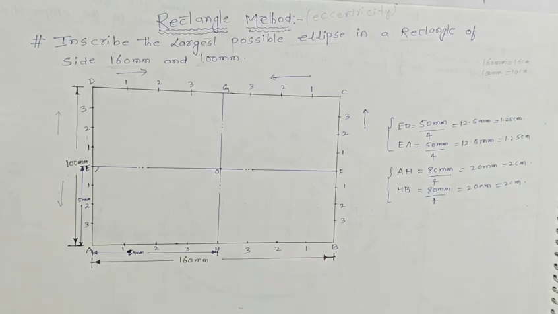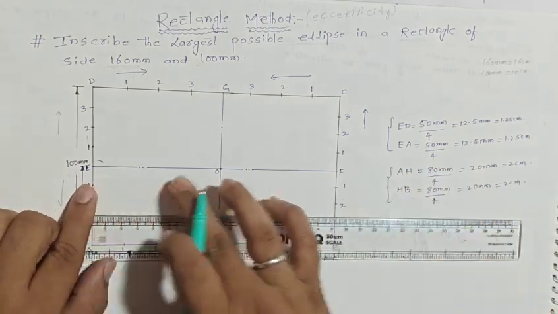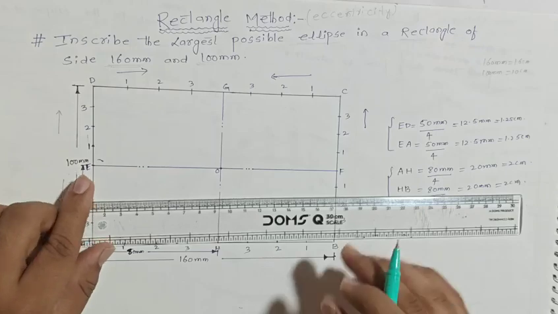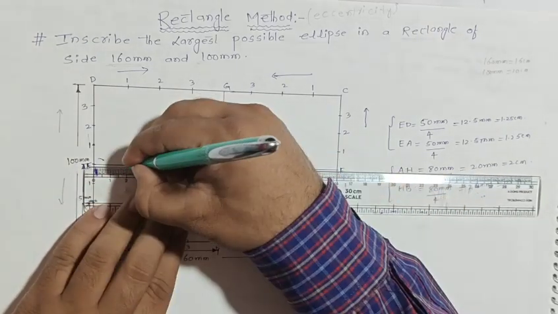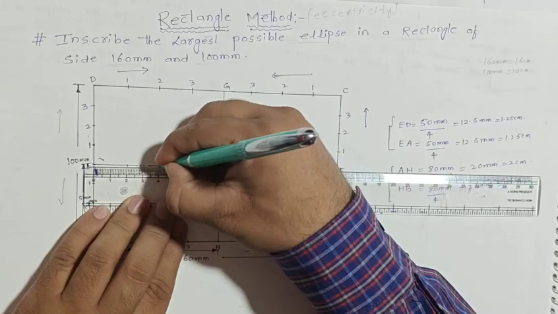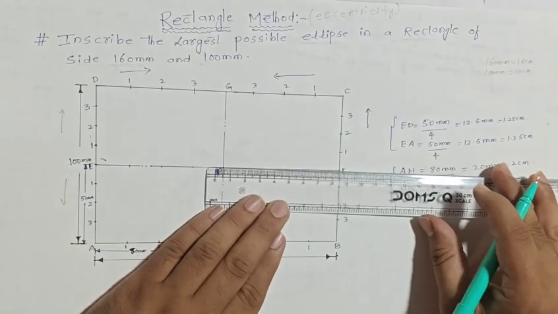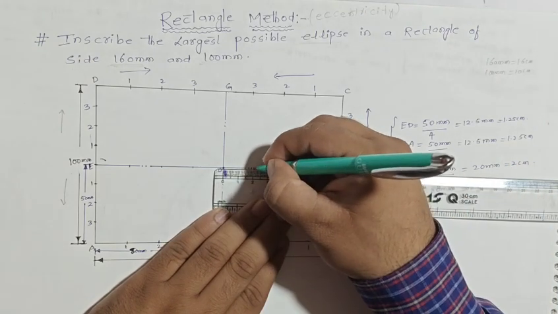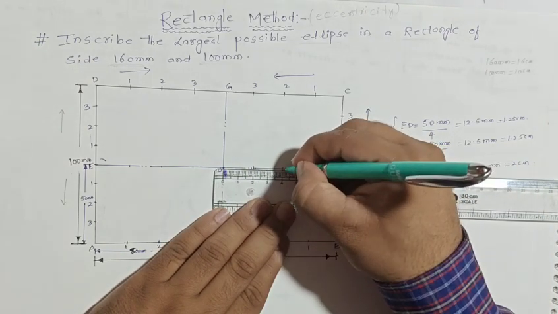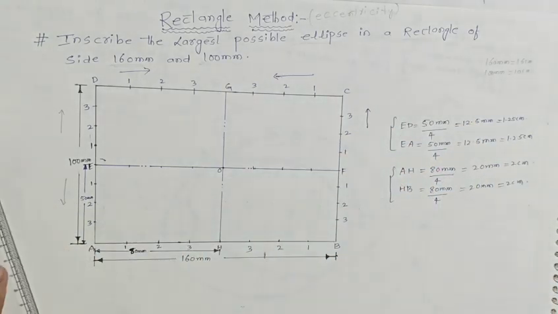So let us see. Same thing we can draw like here also. The distance from E to O, how much is there? 80 mm. Same measure the distance should be how much? 2 centimeter, 4 centimeter, 6 centimeter, 8 centimeter. So you can write here same thing. 2 centimeter, 4 centimeter, 6 centimeter and 8 centimeter.